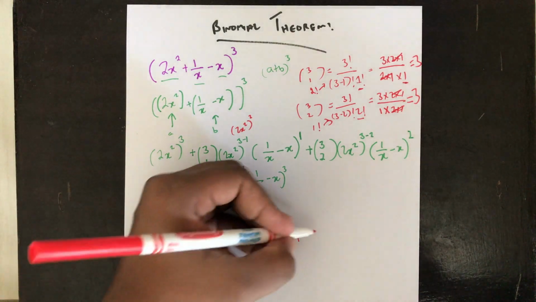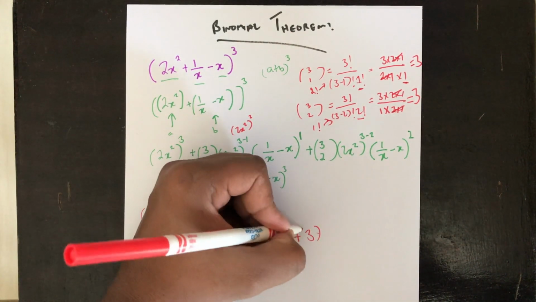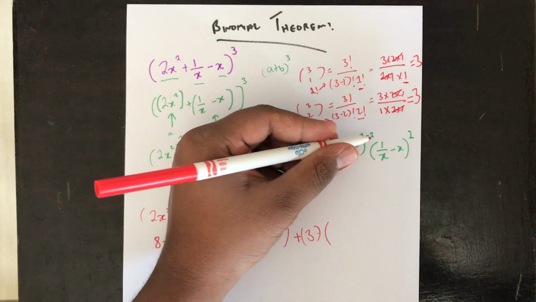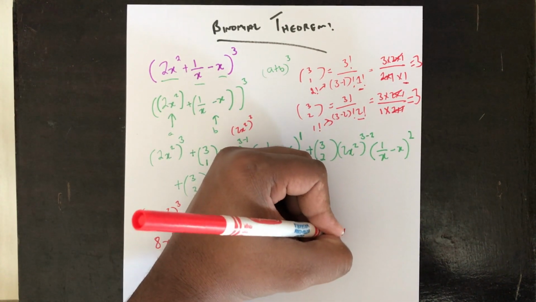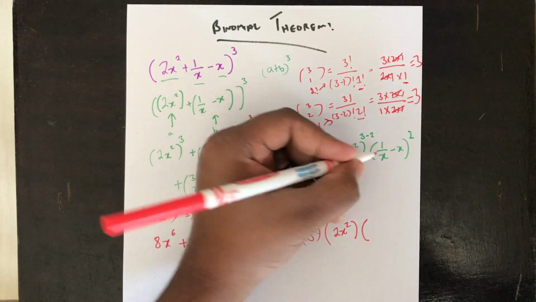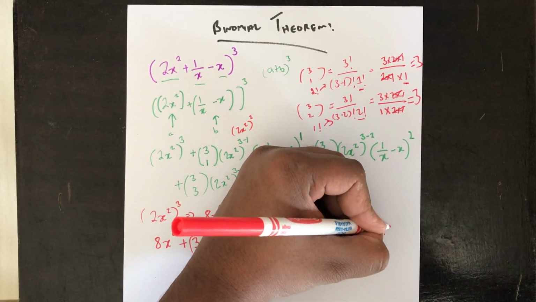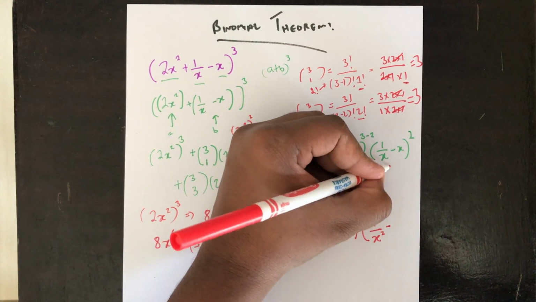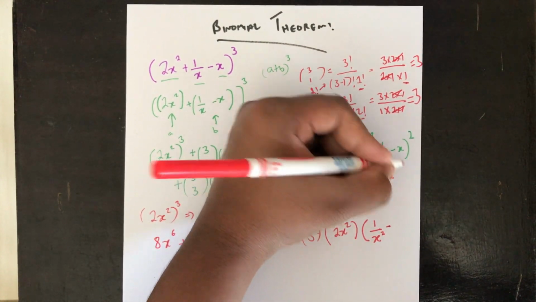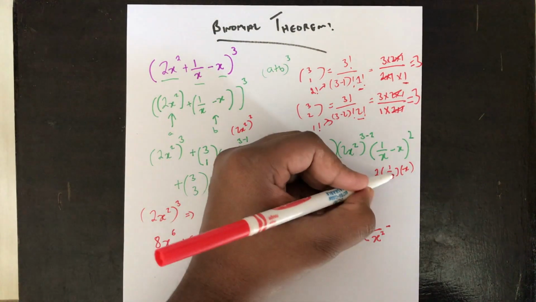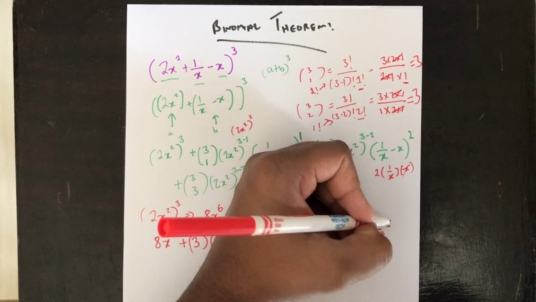So 3 choose 2 is also 3. So 3 into, this is (2x²)¹, because 3 minus 2 is 1, so it's just going to be 2x². This is going to be (1/x − x)², which is 1/x² − 2 × (1/x) × x, so these will go, so I'm left with minus 2 plus x².